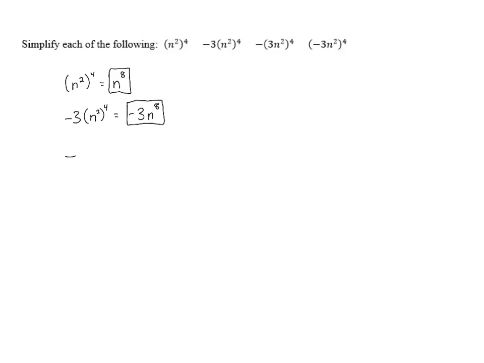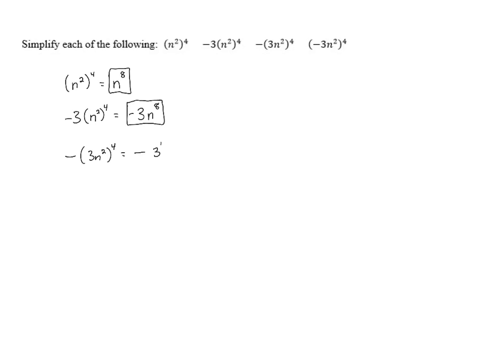The next one is the opposite of 3n squared raised to the fourth power. In this case, the exponent doesn't affect the negative, so the negative is going to stay out front. However, it does affect the 3, because the 3 is inside the parentheses, and it does also affect the n squared, so we have to distribute it.